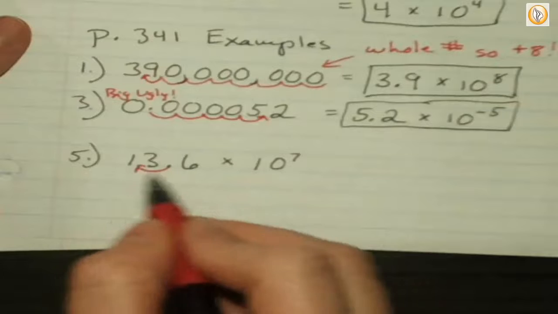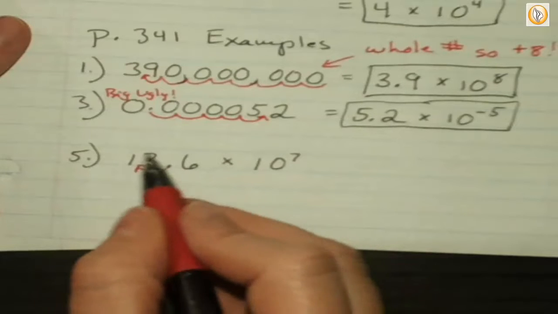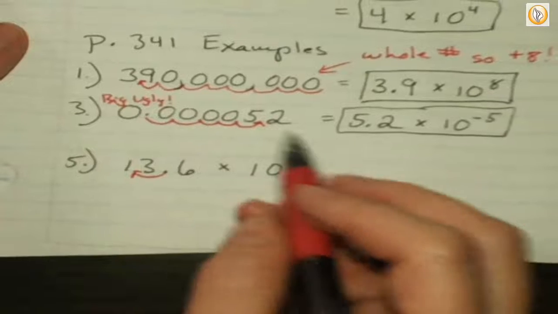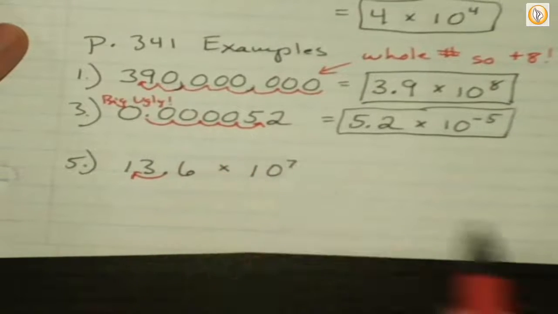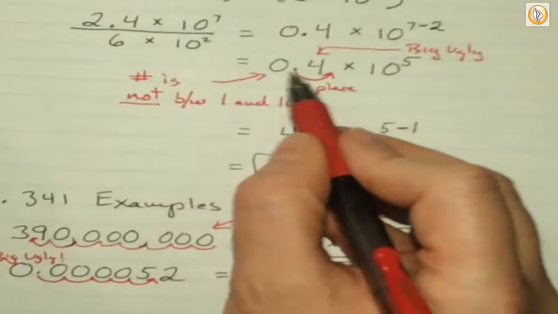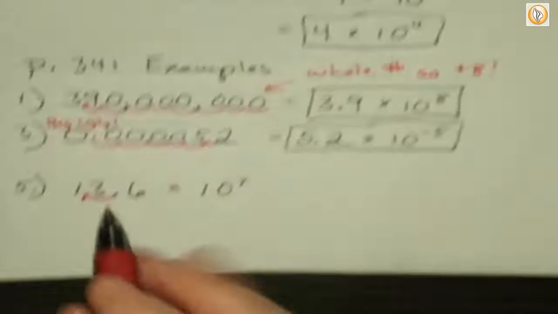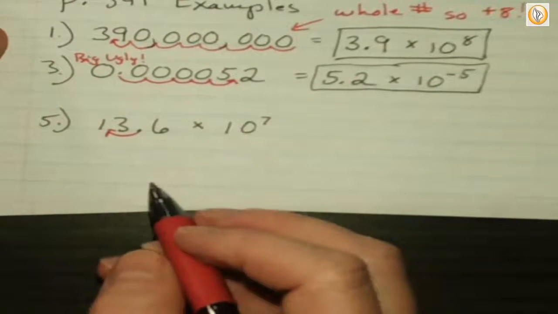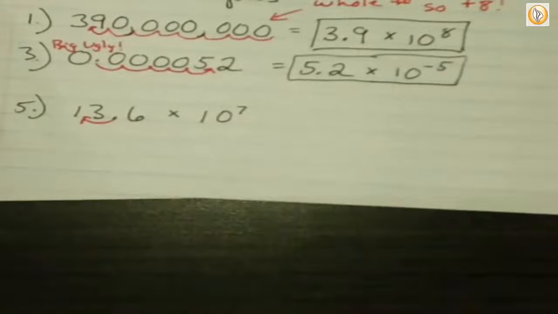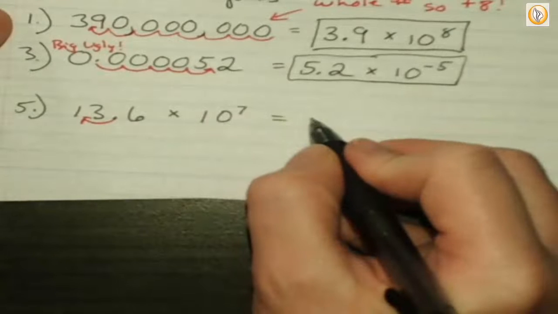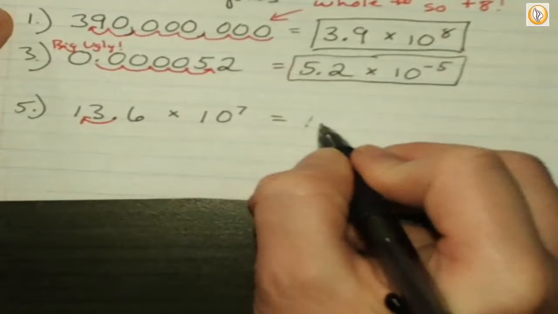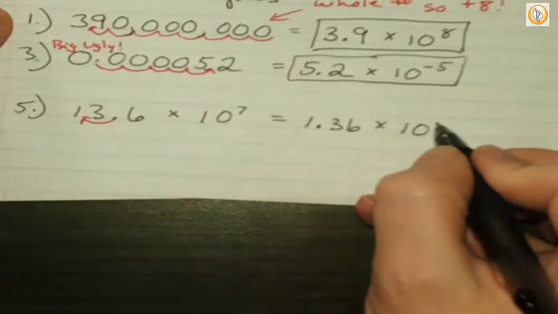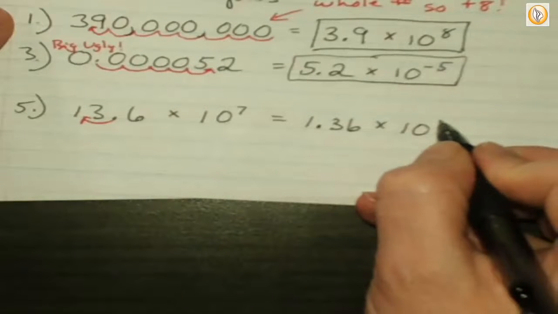Now, this is pretty much like a whole number, correct? Even though there's a decimal here, is it a big ugly? No. It's not even like this, right? It has a decimal in there, but it's not big ugly because 13 is a whole number. So we moved it 1 place, so my answer is what? 1.36 times 10 to the 8th power.